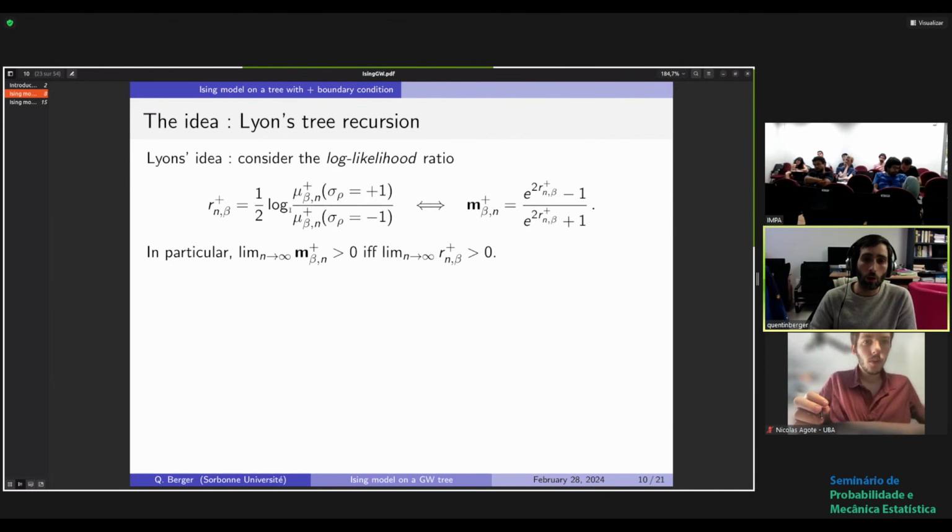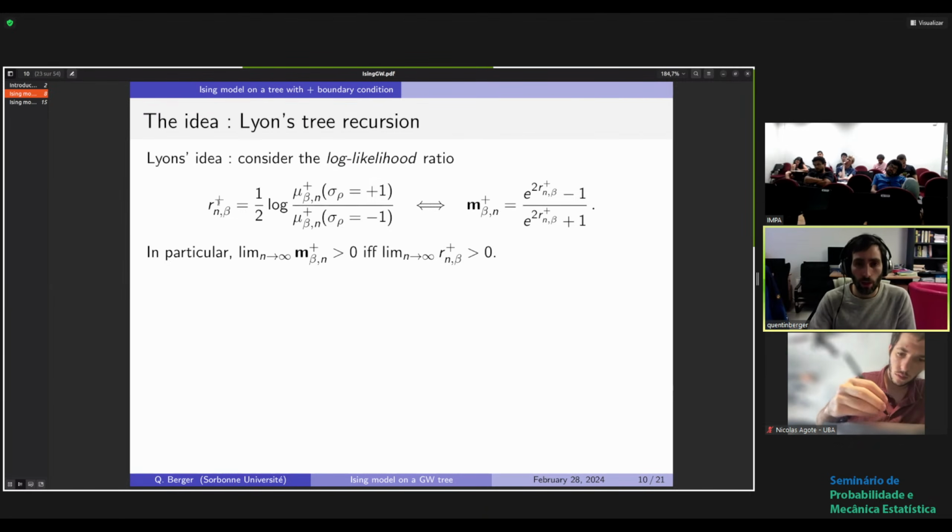You look at the log of the probability that the root is +1 divided by the probability that the root is -1. You have a relation between this log likelihood ratio and the magnetization of the root, just as a simple transformation. In particular, the magnetization will go to 0 if and only if the log likelihood ratio goes to 0.